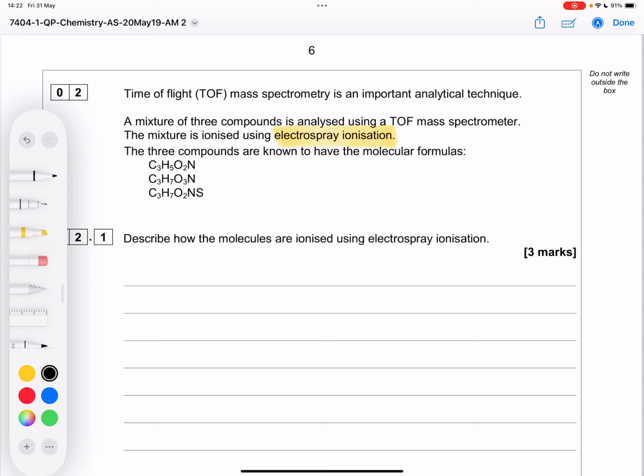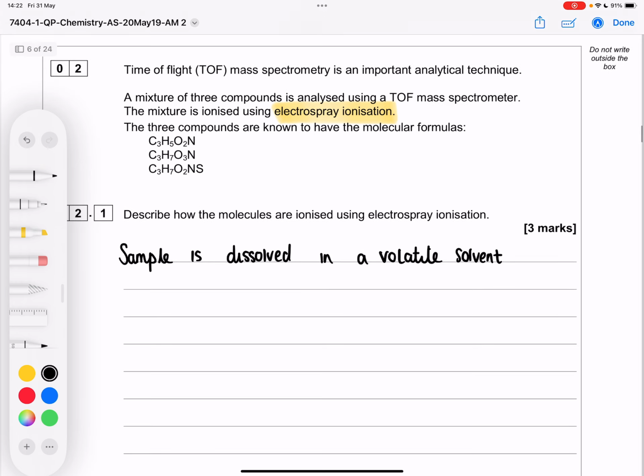So the first thing is that the sample must be dissolved in a volatile solvent. What happens then is it's injected through a needle which is attached to a high voltage supply.